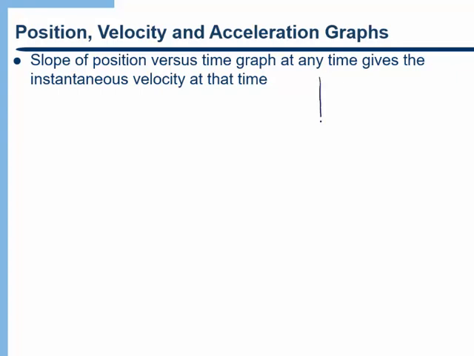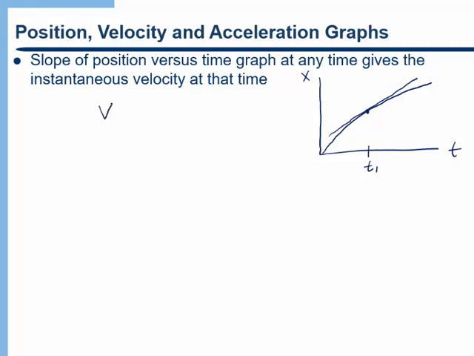We said that if we have a graph of position versus time, and let's say it looks like this, and we want to know what the instantaneous velocity is at a particular time, I'll call it t1, we can determine that by simply looking at the graph at that time and finding the slope of the tangent.